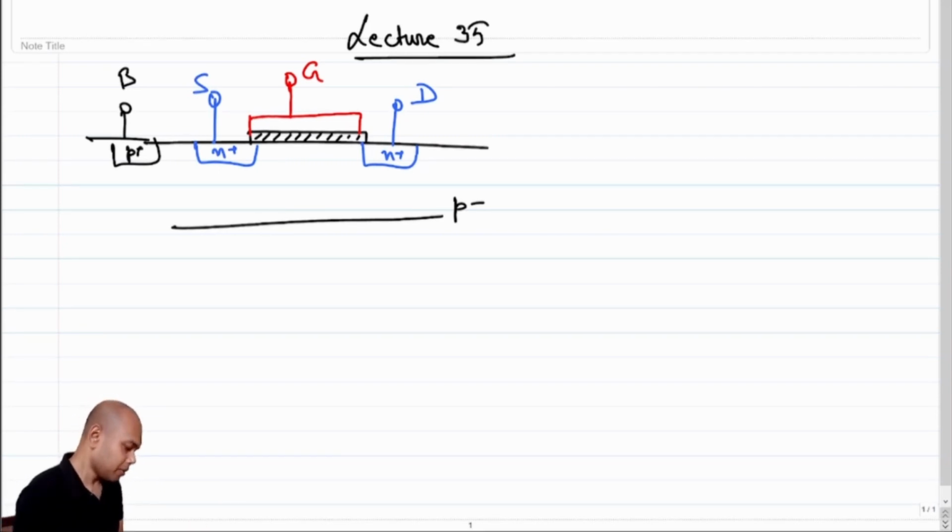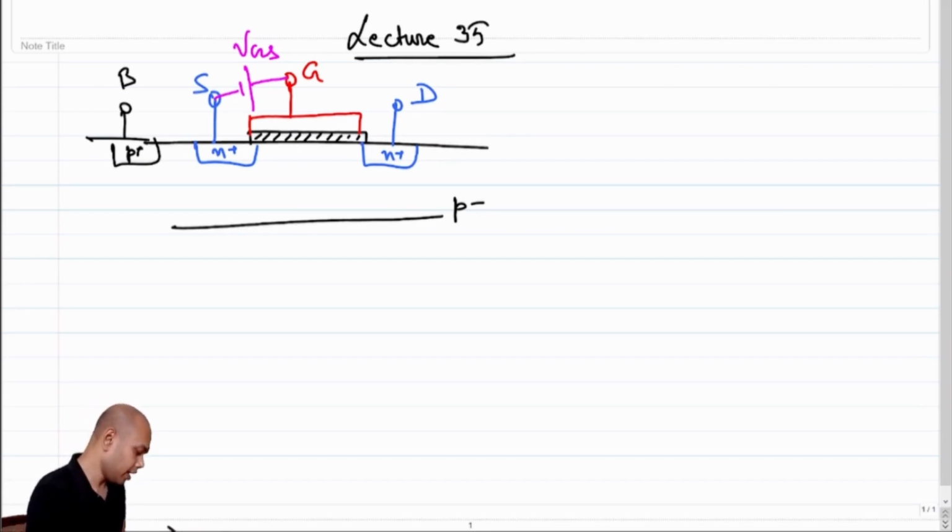That's fine, but in all our analysis, what have we done? We have essentially said that when the transistor is on, this is the NMOS transistor, we have a battery VGS. We apply a battery of value VGS, right? And what does it do?